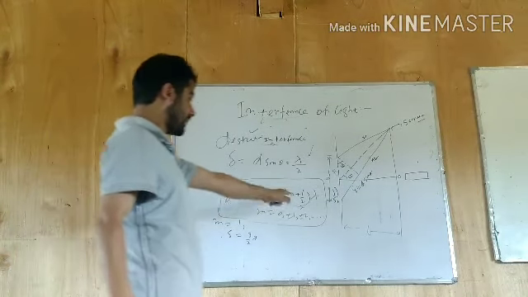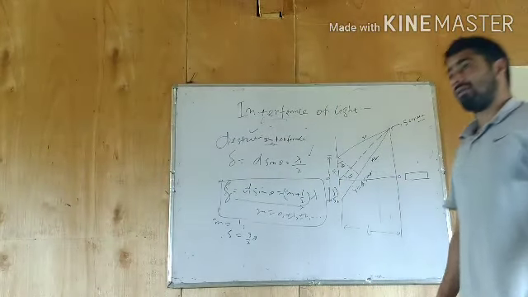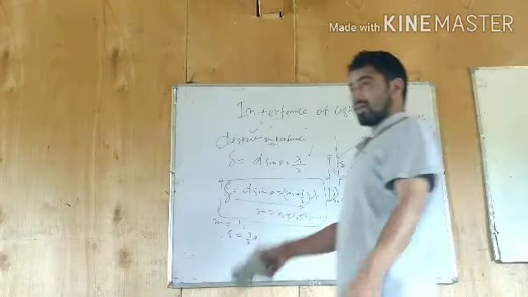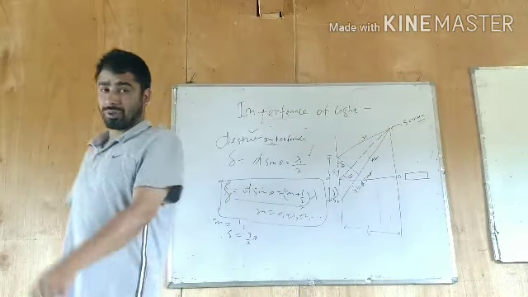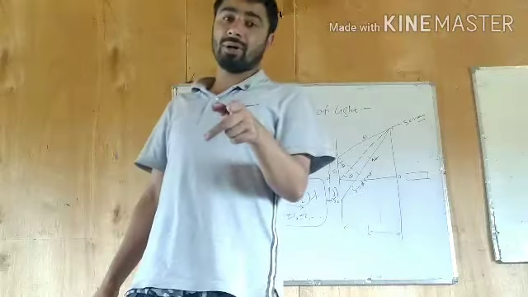When d sine theta is m plus some half integral times the wavelength, we use it because when two waves show the interference pattern, the source must be monochromatic.